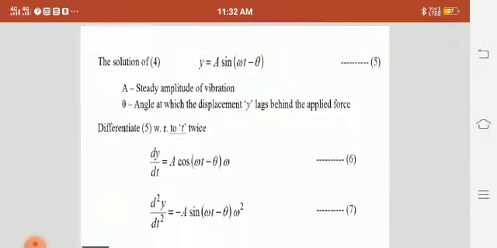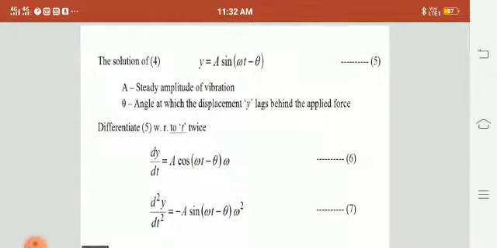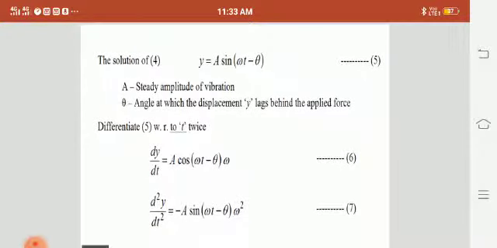The solution for the above equation is y is equal to a sine omega t minus theta, where a is the steady amplitude of vibration and theta is the angle by which the displacement y lags behind the applied force. Now we are going to differentiate equation number 5 with respect to time.